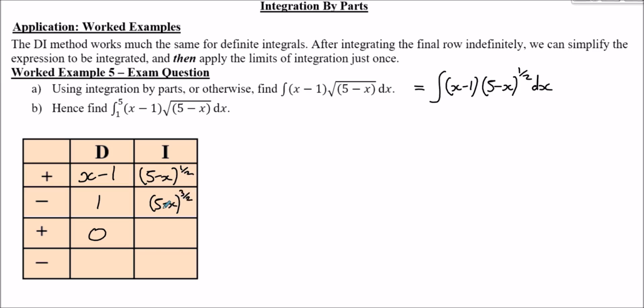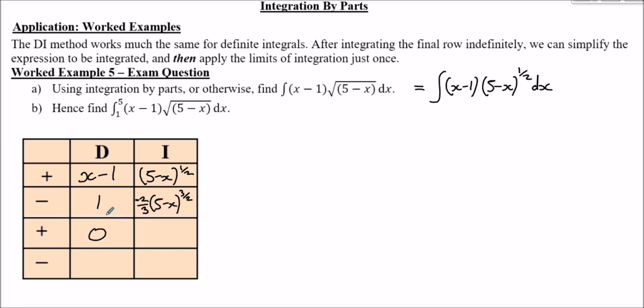And then we divide by the new power like we normally would anyway. And so dividing by 3/2 is the same as multiplying by 2/3. And so essentially what we're going to have here is 2/3 first. However, because it was the minus x, that actually gives us minus 2/3, like so.